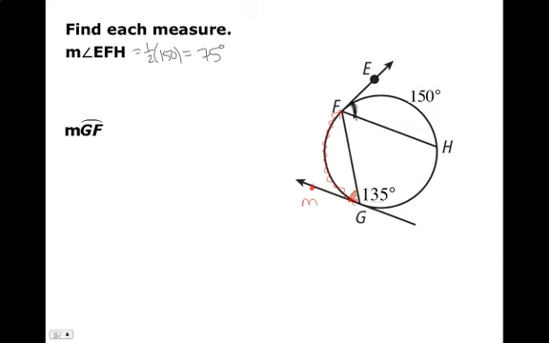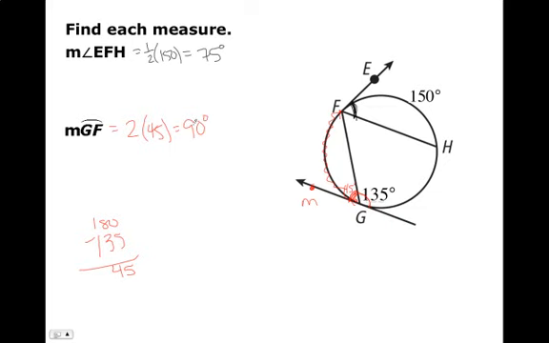In order to find this angle, we notice we have a linear pair. Together, these two angles are 180. So we need to do 180 minus 135 and get 45 degrees. So this angle here is 45 degrees. So the measure of arc GF is going to be 2 times that angle, so it is 90 degrees.